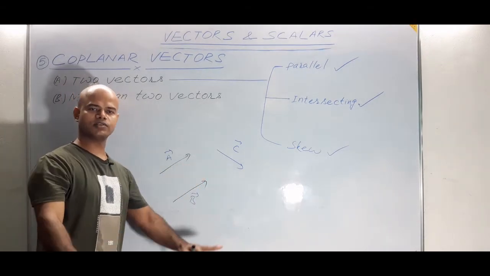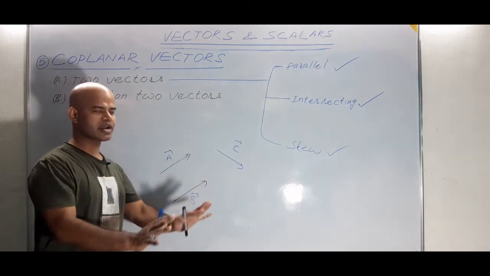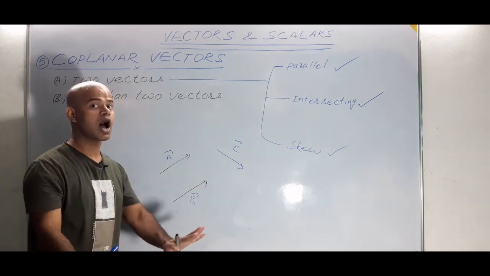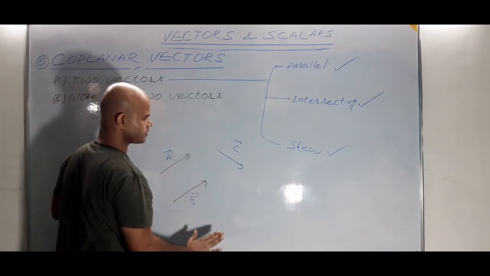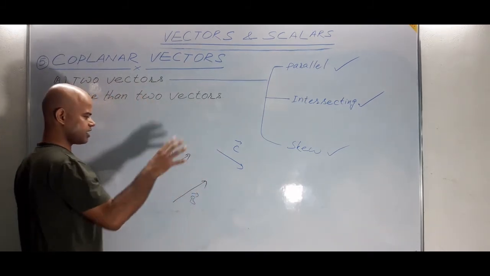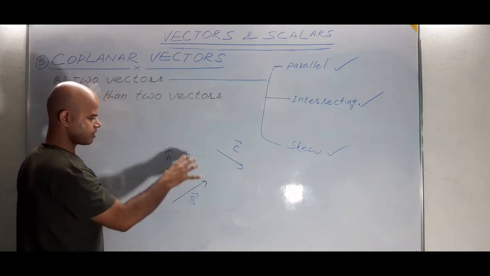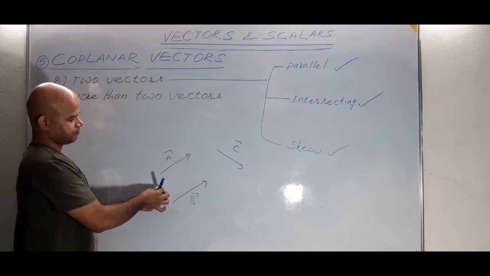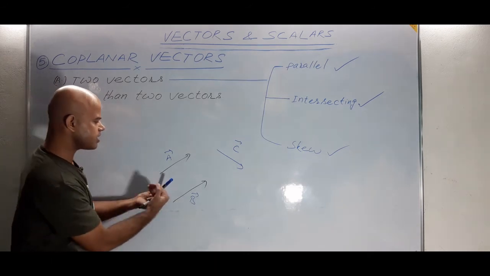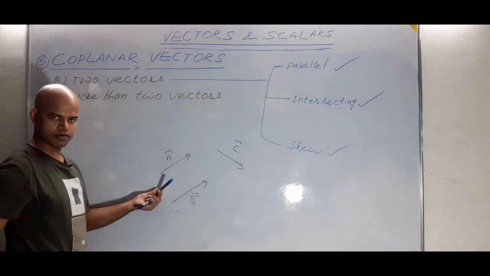But there is a possibility that 3 vectors are not coplanar. Let's take another example: A vector, B vector and another D vector, which is inclined at some angle with respect to the plane of the board.